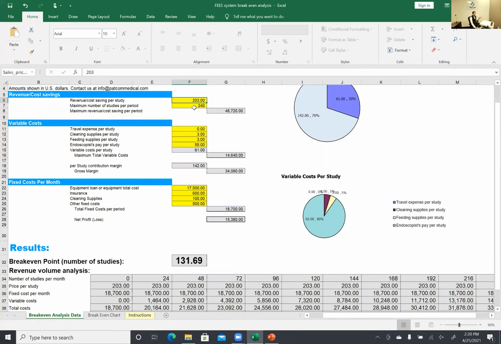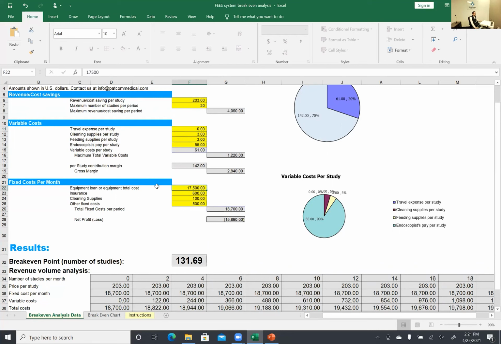Per study, we pay $203, or are paid by Medicare, etc. Now, the maximum studies per period wouldn't be 240, because now we're looking at it from a monthly perspective. In a month, what is that? 20 a month. Travel expense stays the same. All this variable cost stays the same. Variable cost always means it doesn't matter if it's a month, if it's a year, if it's 10 years, it's always a per study perspective.